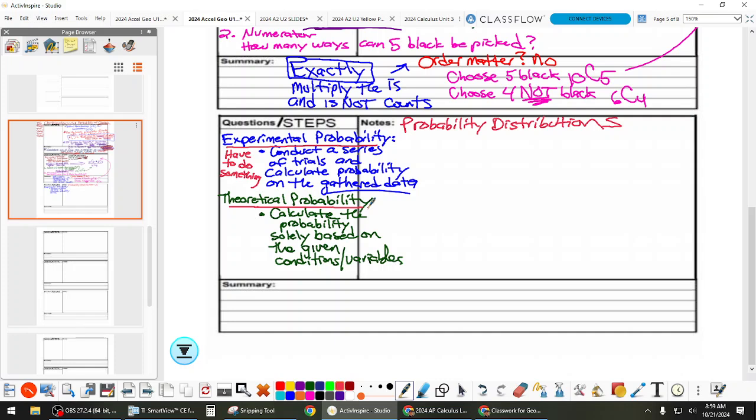Okay. So you can do a probability distribution based on either one. So let's write about that.